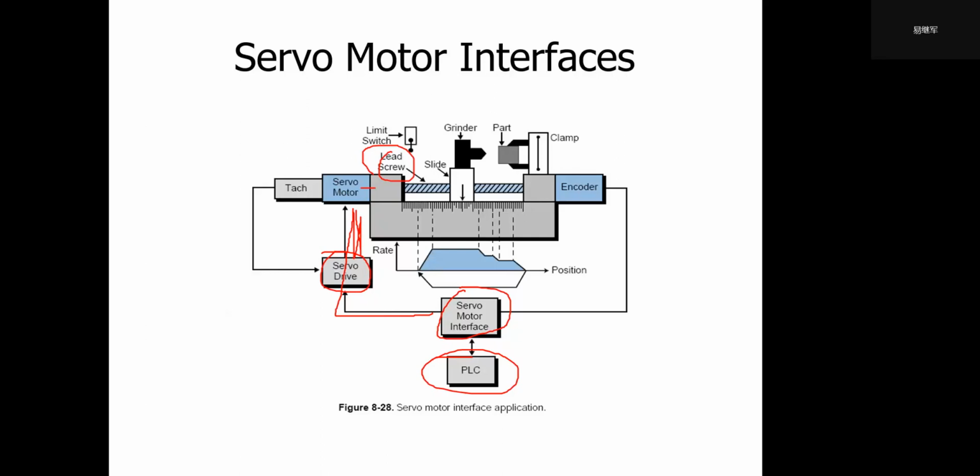The status includes the servo motor velocity, which is fed back to the servo drive, and the position. The position is fed back by the encoder to the encoder module. This is a servo module interface.